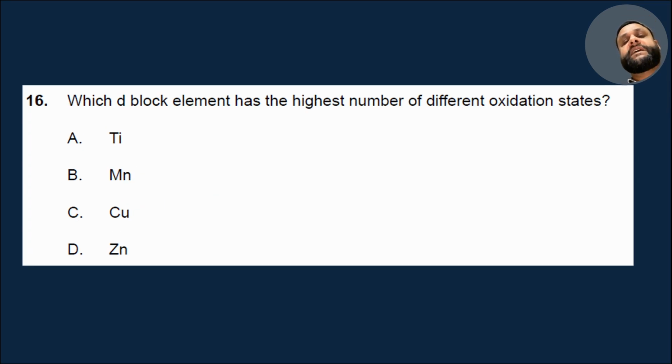Which d block element has the highest number of different oxidation states? The first d block element given is titanium. Titanium can have +2, +3, and +4 oxidation states. Manganese can have +2, +3, +4, +5, +6, and +7.